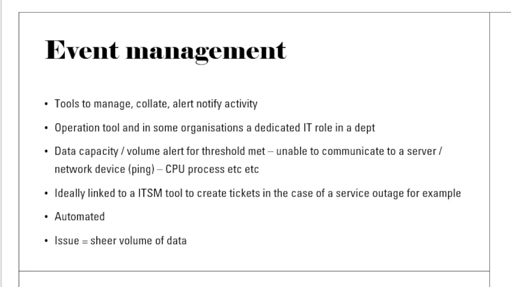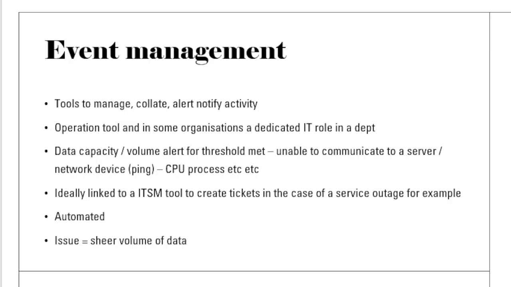And ideally, this should be linked into your service management tool to perhaps create a ticket with a high priority to say, look, there's a service outage going on here. We've automatically created a ticket for this, and make sure the right subject matter experts are dealing with that.